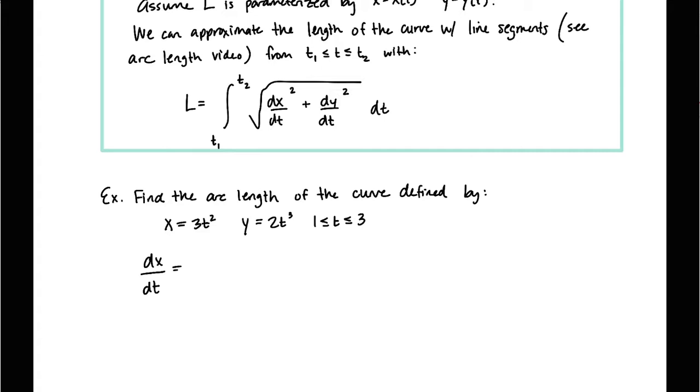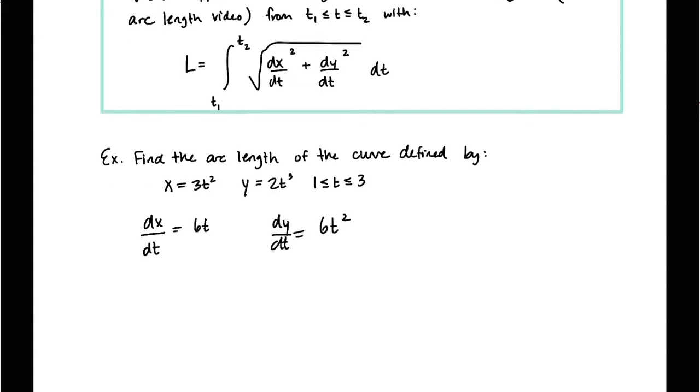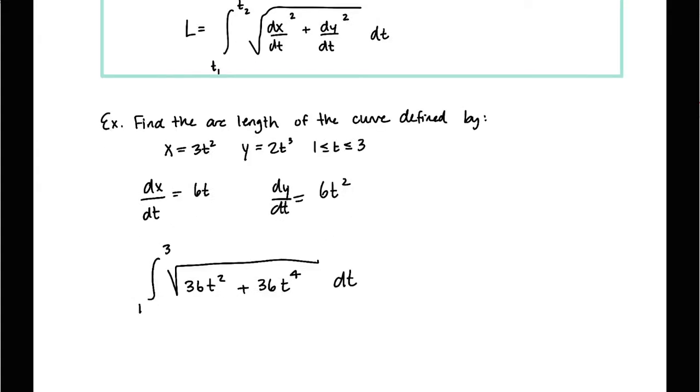So computing our dx/dt, we get 6t, and our dy/dt, the derivative would be 6t squared. And plugging into our formula, we are going from 1 to 3. We are computing the square root of 36t squared plus 36t to the fourth dt.